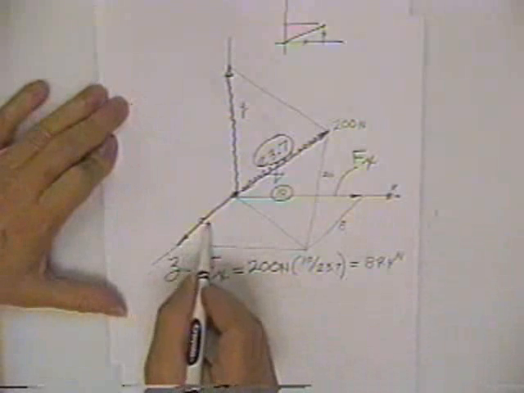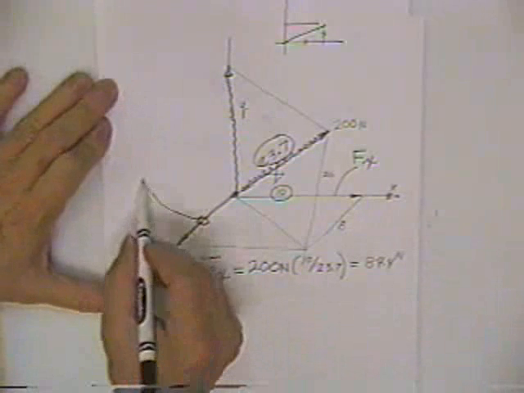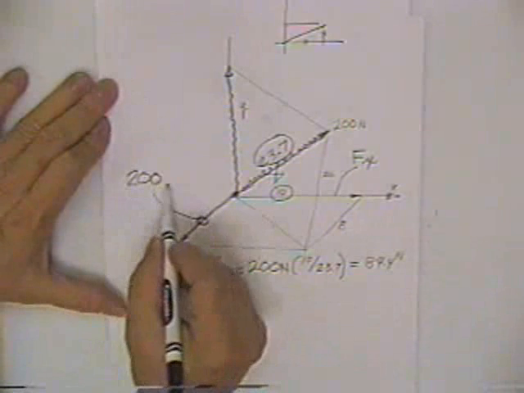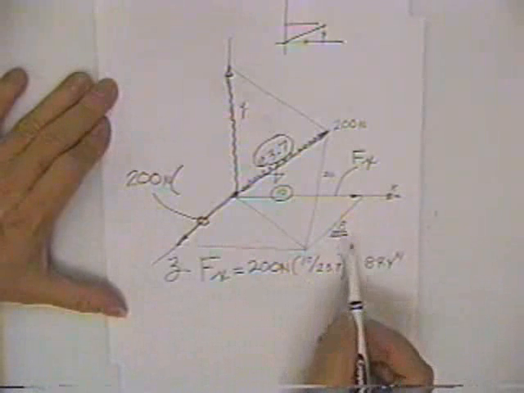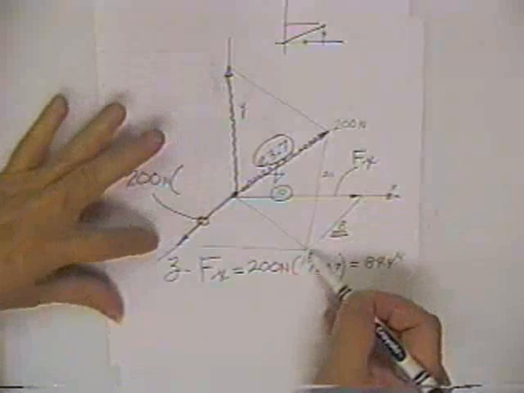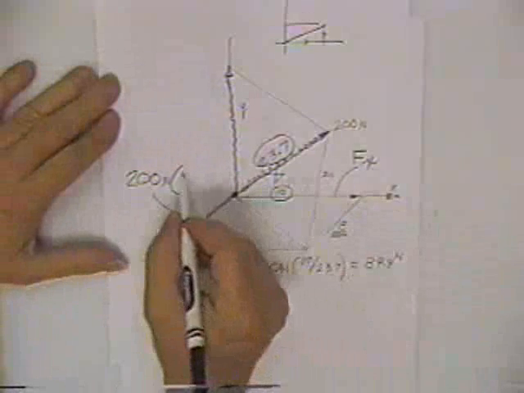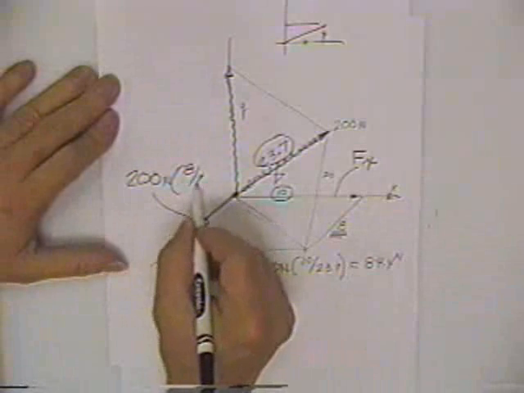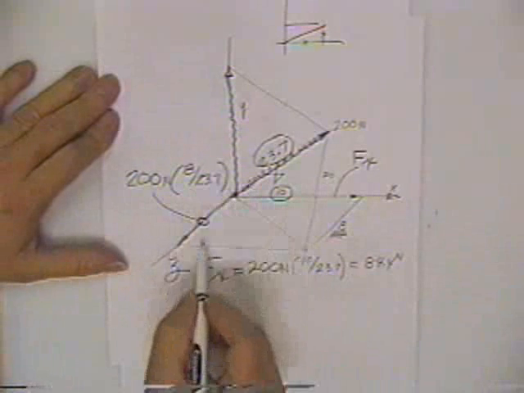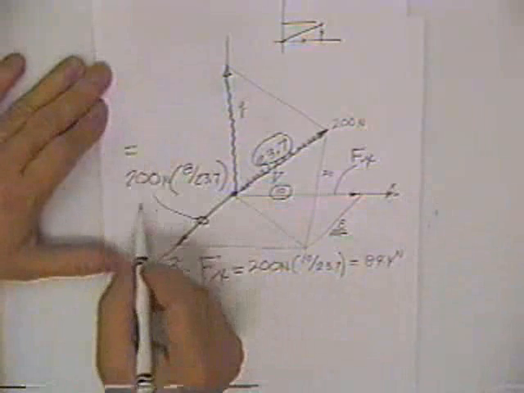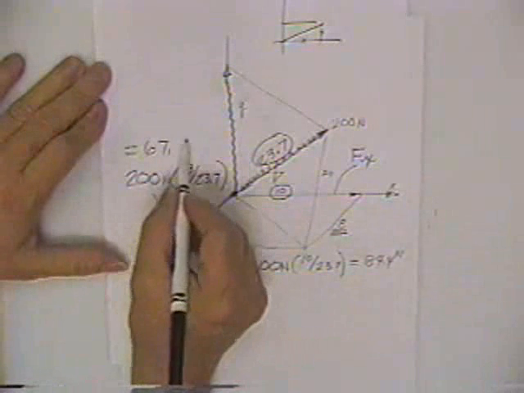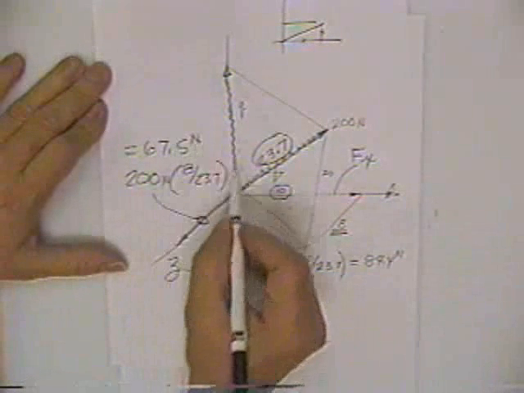So that says this guy right here would be 200 newtons, and you multiply him times 8, because that's how much projection he has down that axis, over 23.7. Tells you he points in the Z direction a total of 67.5 newtons.